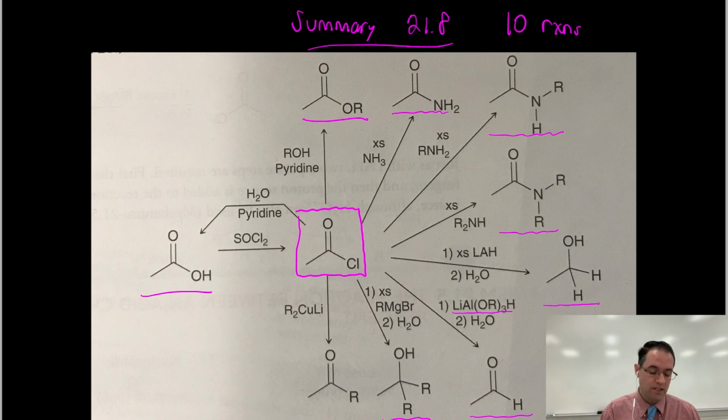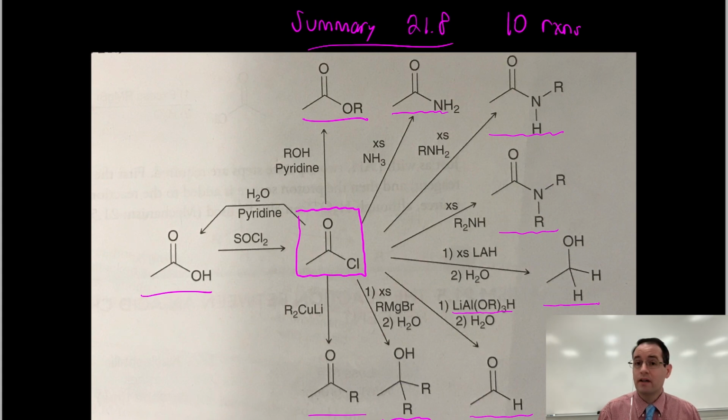If we use a Grignard reagent, we form a tertiary alcohol. If we add the Gilman reagent, we stop at the ketone. Once again, I highly recommend that you make flashcards, maybe of some simple things like this. Keep them in your back pocket and spend 5 minutes, 4 or 5 or 6 times a day, just thumbing through them and trying to memorize these reactions.